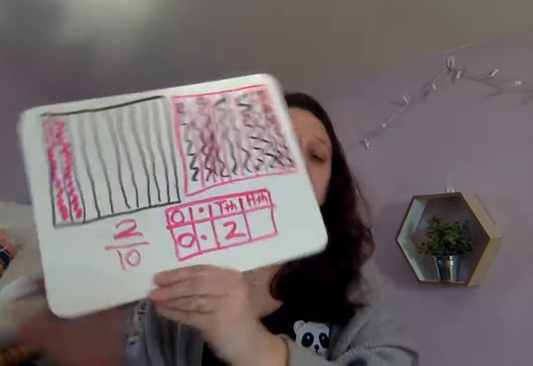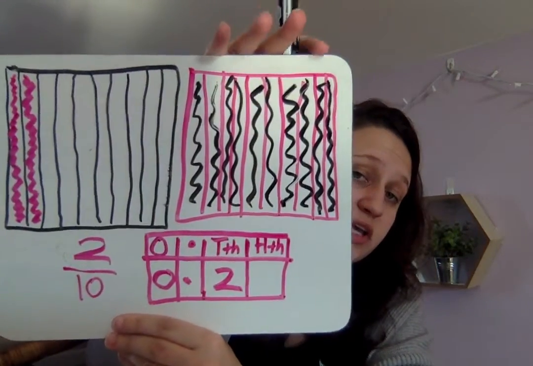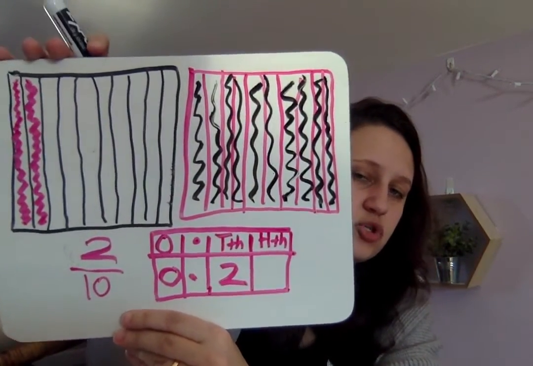If I filled it in like this, and I had the whole thing colored in, excuse my poor coloring skills. Now I have 2 of them. And one of them is fully colored in, and one of them only has 2 colored in.